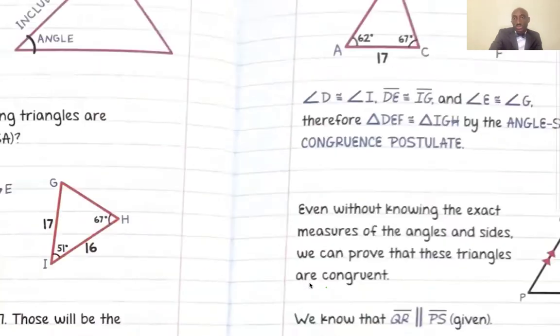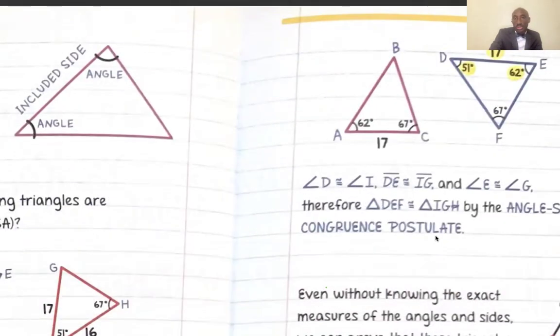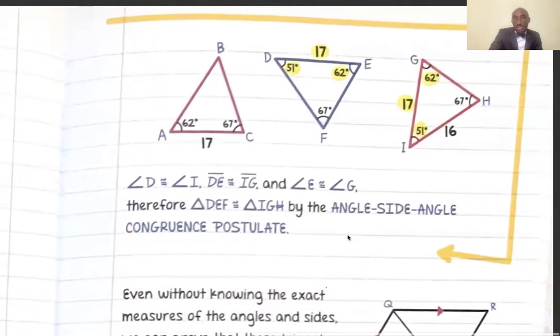So far, so good. Angle D is congruent to angle I. And side DE is congruent to side IG, and angle E is congruent to angle G. As we said, therefore, triangle DEF is congruent to triangle IGH by the angle side angle congruence postulate, just like we came up with.